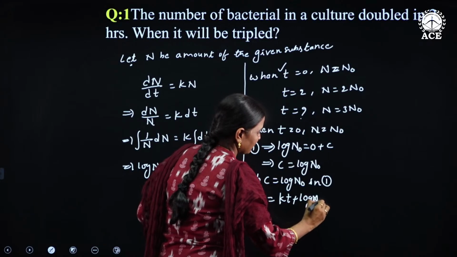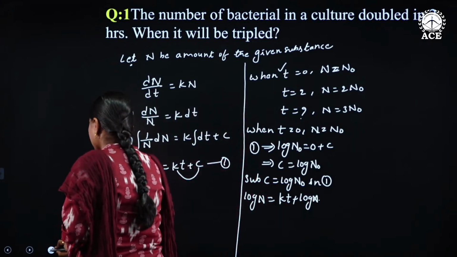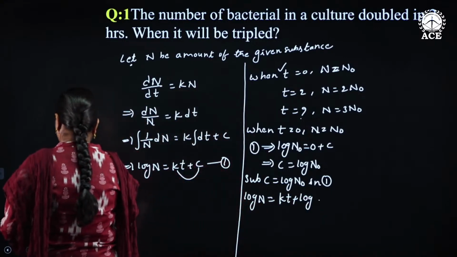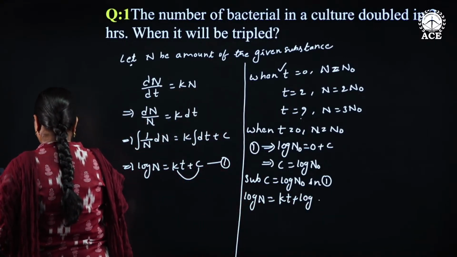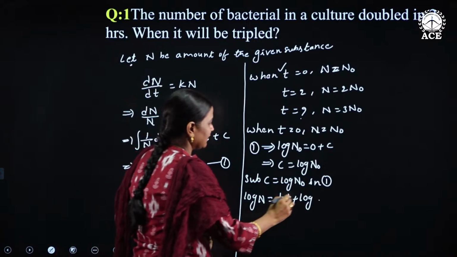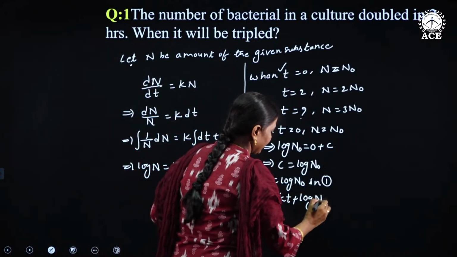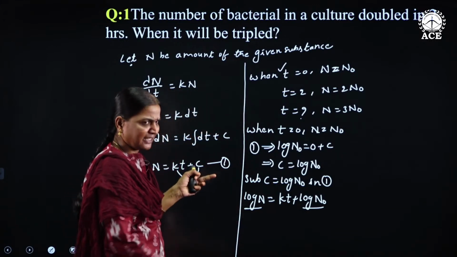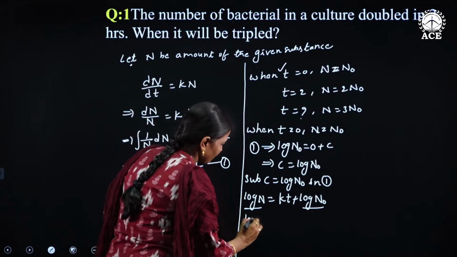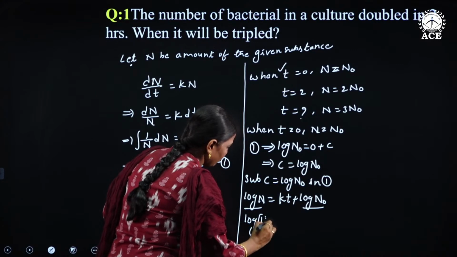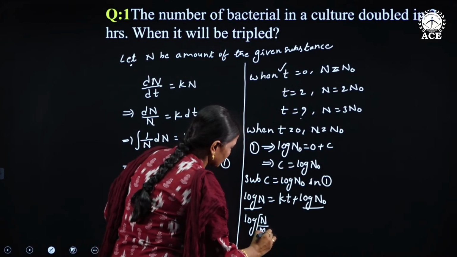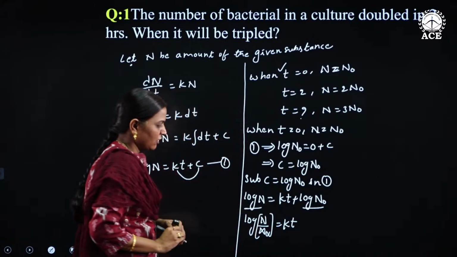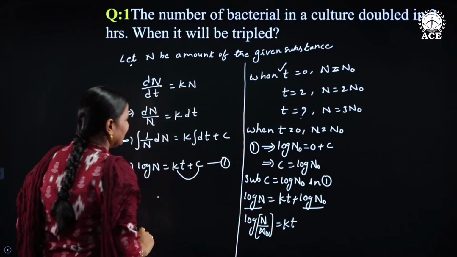So the procedure is similar to Newton's law of cooling. So that is log N naught. Again, from these two equations, we know the same procedure, which is equal to log of N by N naught is equal to k into t. So log of N by N naught is equal to kt.